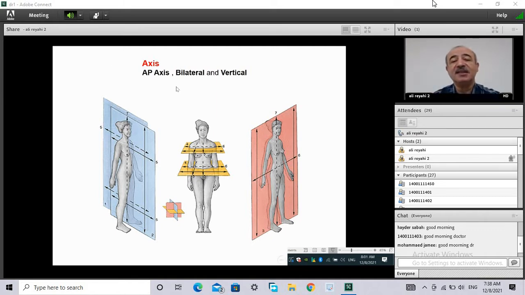The other axis is bilateral, like this line, and some movements like flexion and extension occur around the bilateral axis. And the other axis is called vertical, that means this vertical line. The rotation movement occurs around the long axis or the vertical axis.